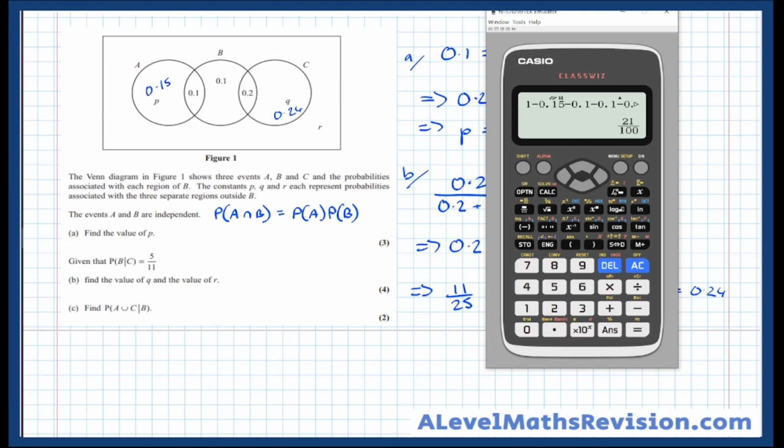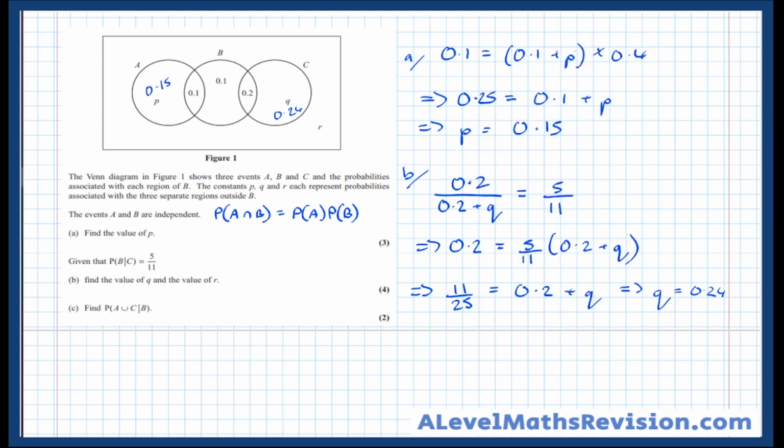We end up with the answer, which is 0.21 is R. So writing down full working here, R equals 1 minus 0.15 minus 0.1 minus another 0.1 minus 0.2 minus 0.24, and that was equal to 0.21. And that leaves us able to do the final part now, part C.